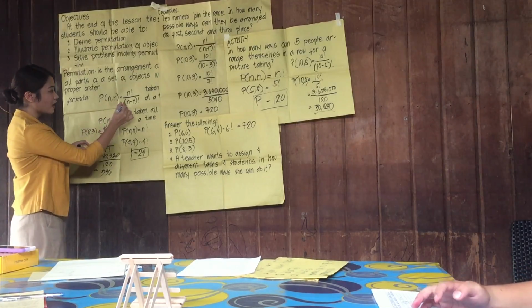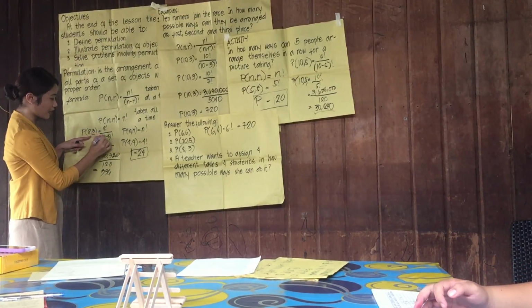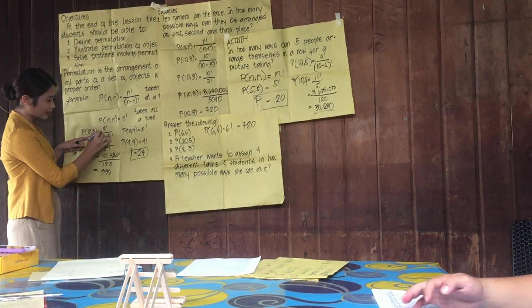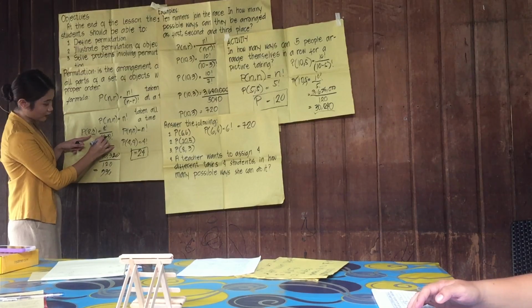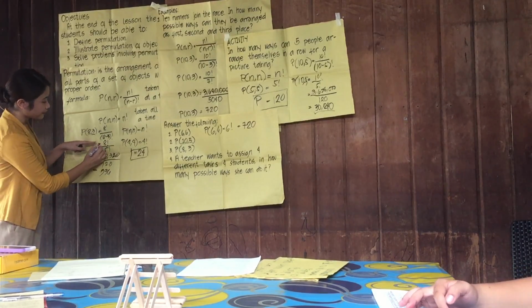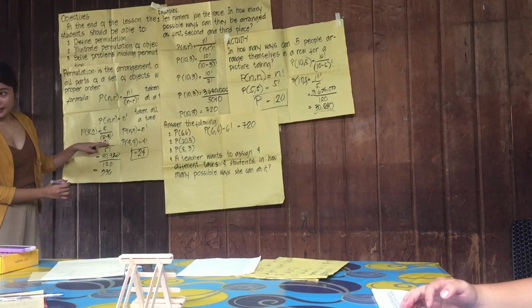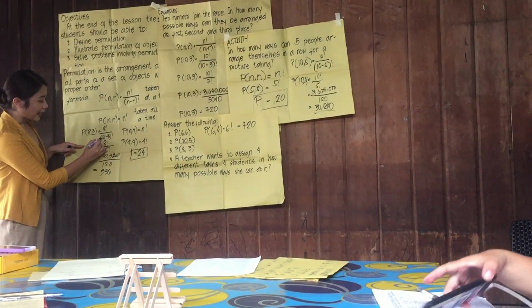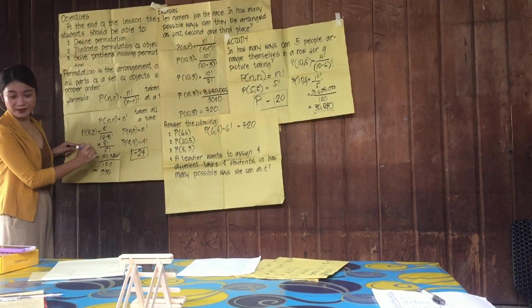You copy and then the r is this one, 3. 8 factorial divided by 8 minus 3. You copy this, another, okay? 8 factorial, and then divided by 8 minus 3 is equal to 5.